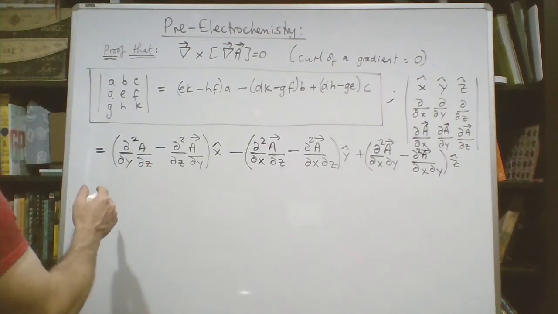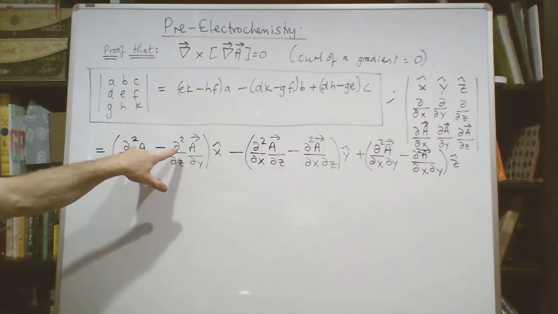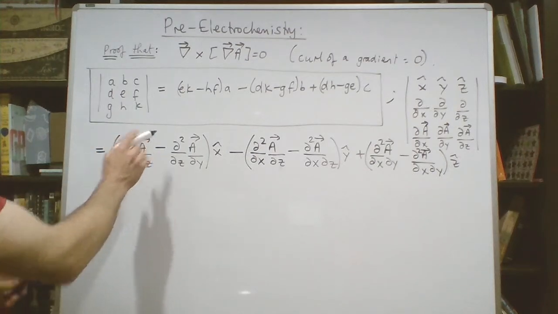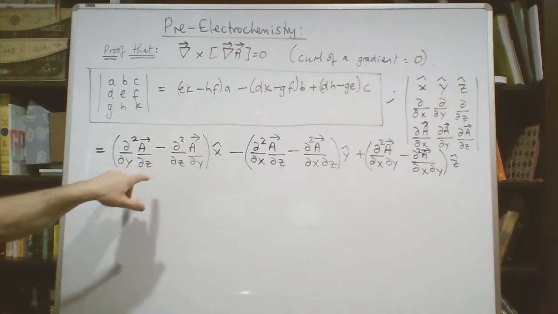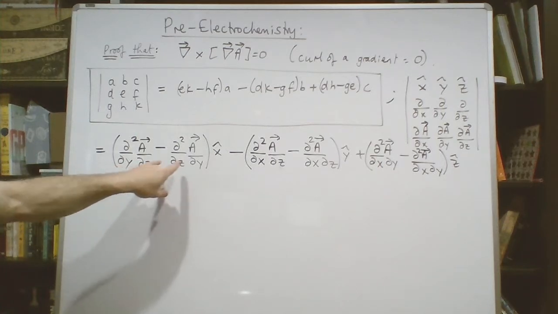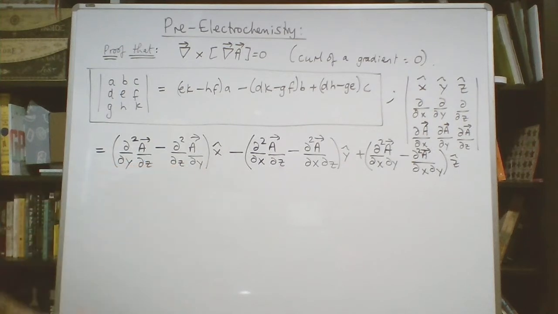So let's go ahead and look at the first parenthetical term. The numerators are the same, so d squared A, and then remember the statement that for partial derivatives, the order doesn't matter, so y before z is the same as z before y.